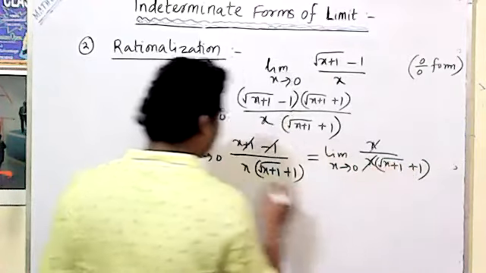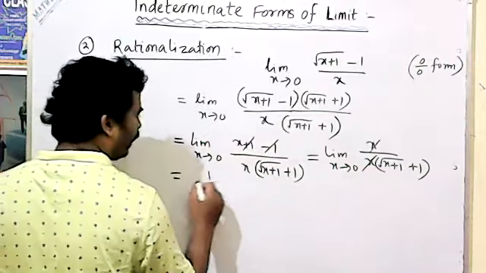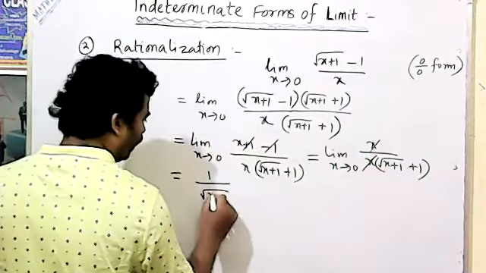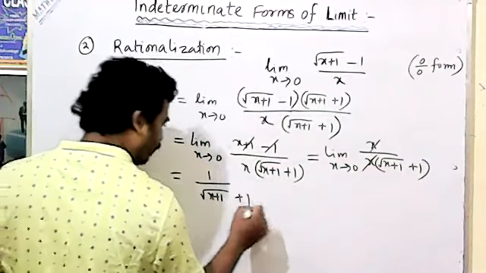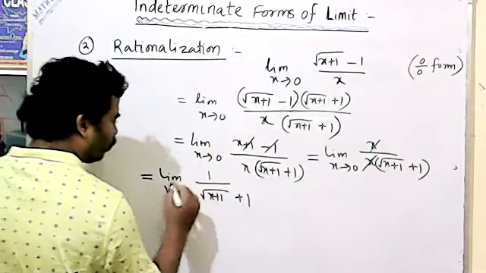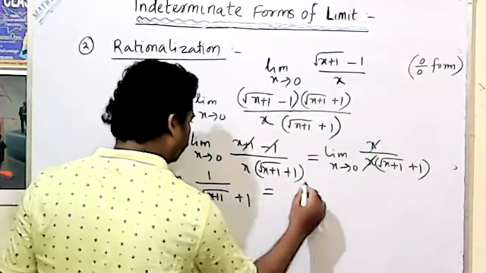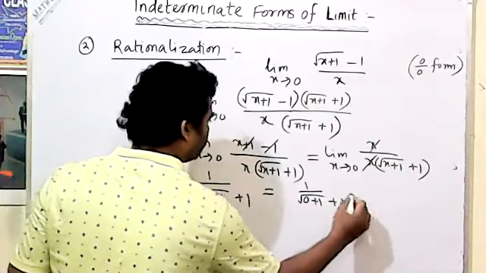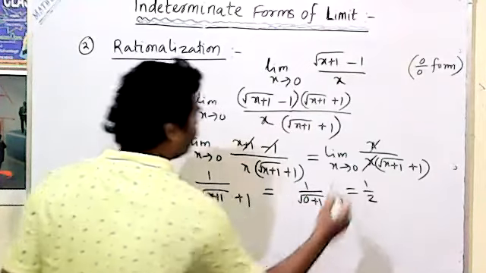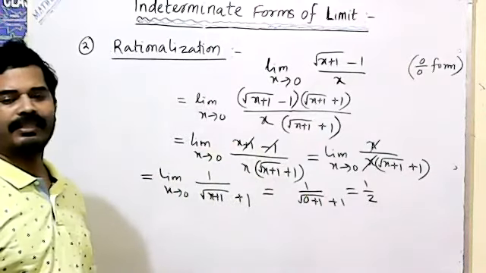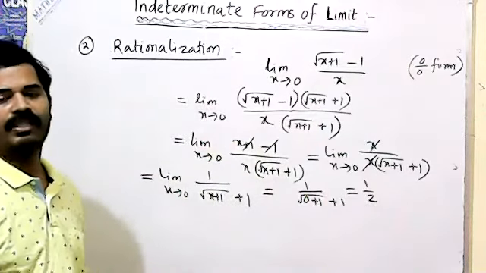Now it is cutting. After that, 1 by root x plus 1 plus 1. Now taking the limit x tends to 0, the value comes 1 by root over 0 plus 1 plus 1, which means 1 by 2 is the answer. This is the rationalization concept.